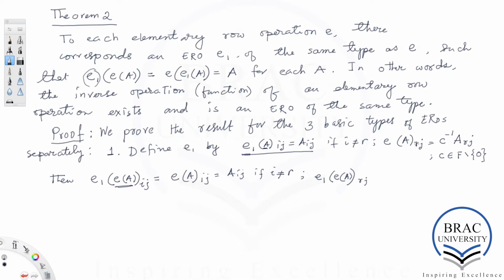Okay, and here we are taking E of A for A. So this is going to be C inverse E of A Rj, right? You can put everything inside this bracket, right?